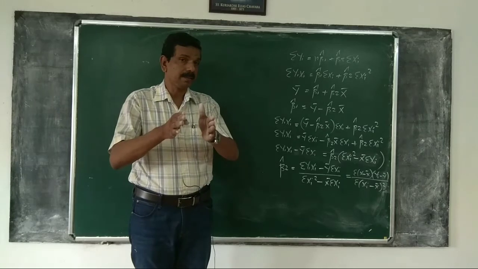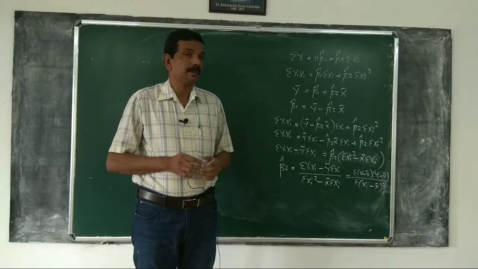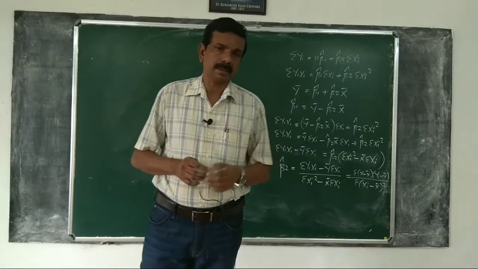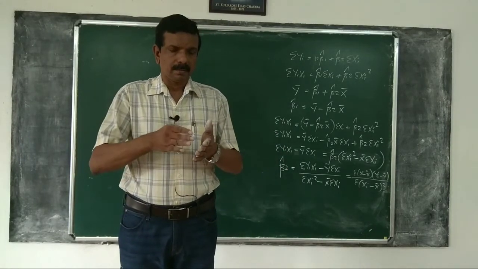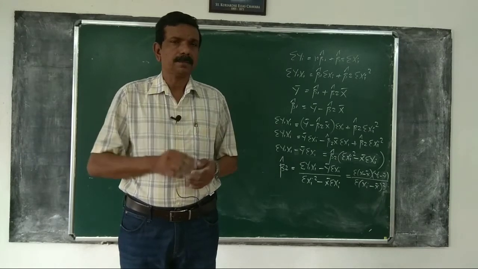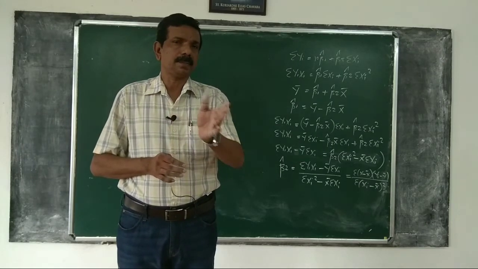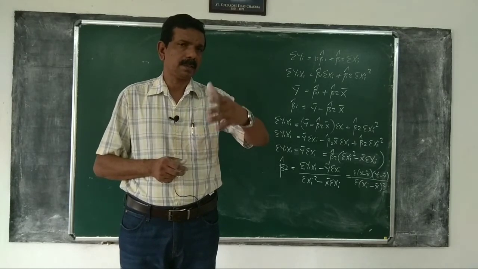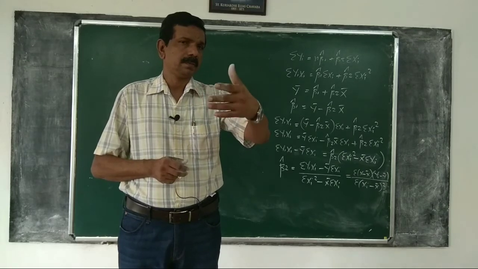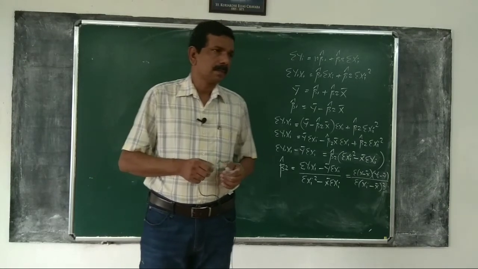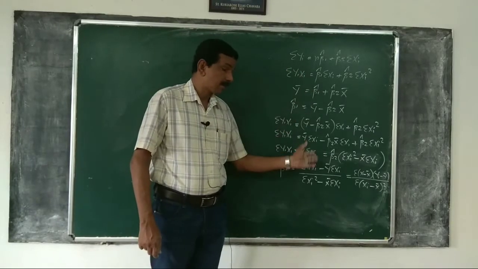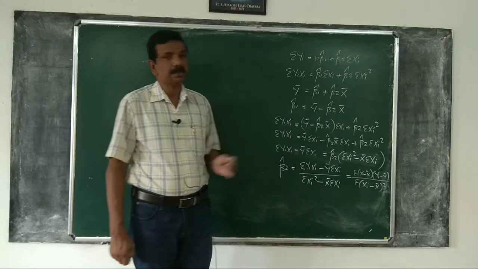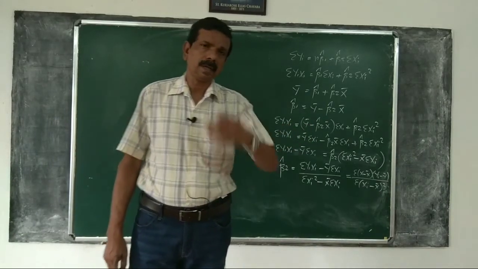But this is only a first order condition for minimum. There is also a second order condition. For maxima or minima, second order conditions must also be satisfied. The first order condition for maxima and also minima is first derivative equal to 0. The second order conditions must also be satisfied to ensure that this is in fact a minimum or a maximum.